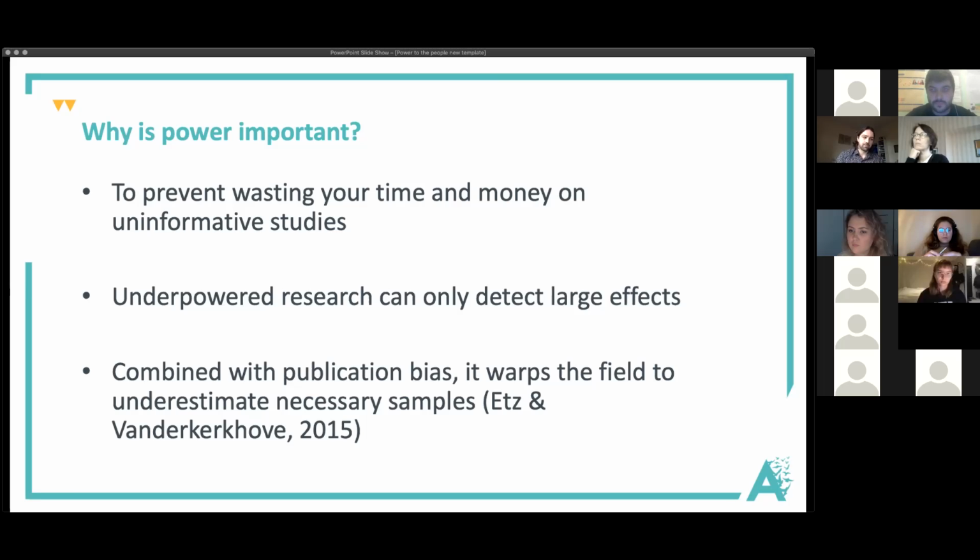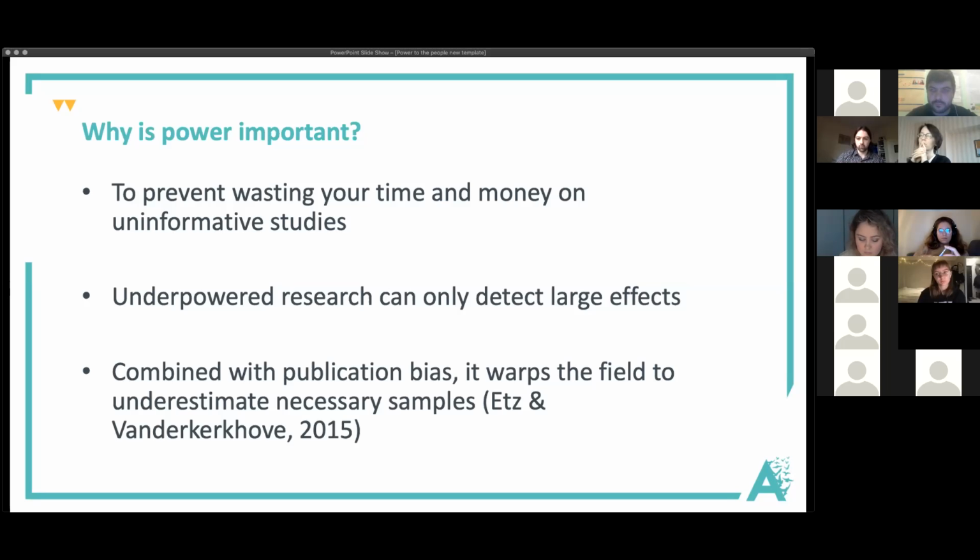But the concrete aspects of it are alluded to on that last slide, where when you have underpowered research, it's this weird paradox where you can only detect large effects. So when you combine this with publication bias, where you only publish the things that are statistically significant, you get this warped sense of reality where the only things you ever observe are huge effects.